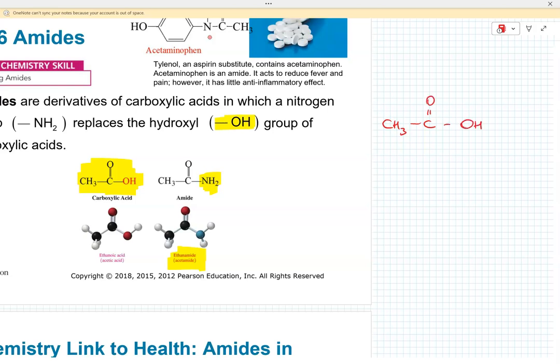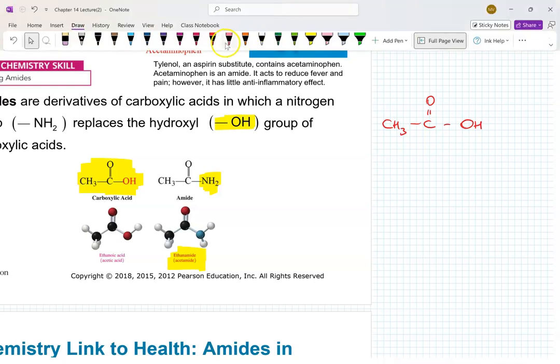Make sense? An example that you see on the slide, the OH group is replaced with NH2. Making sense? What if instead of NH3, instead of ammonia, you're going to use this?